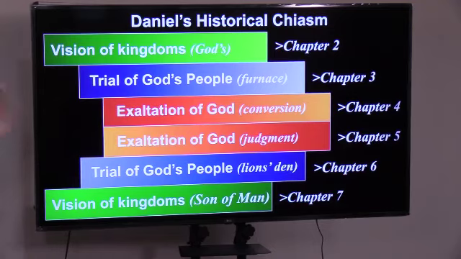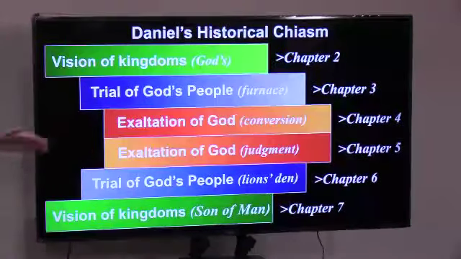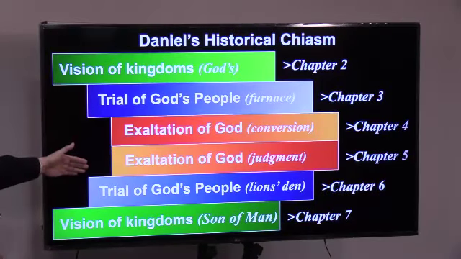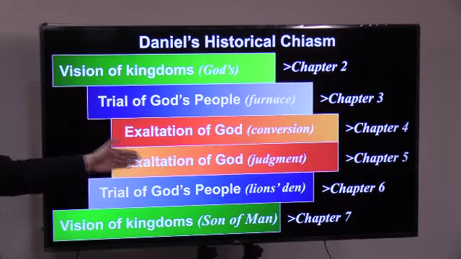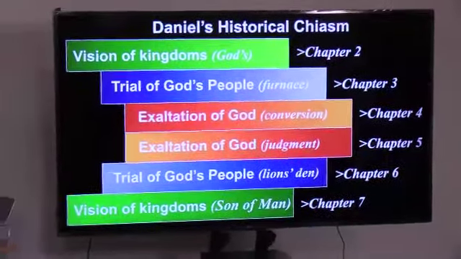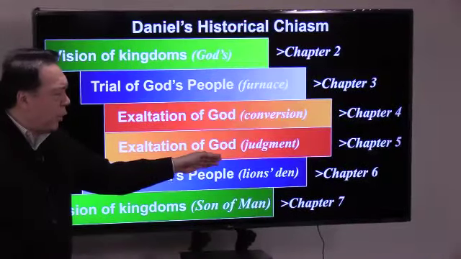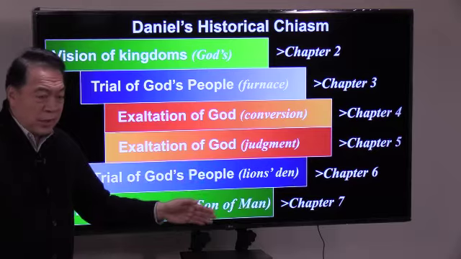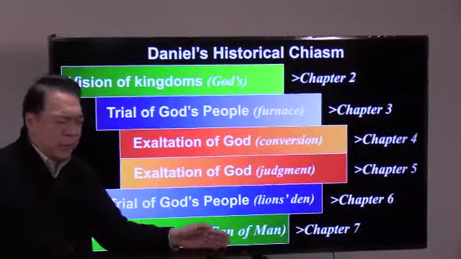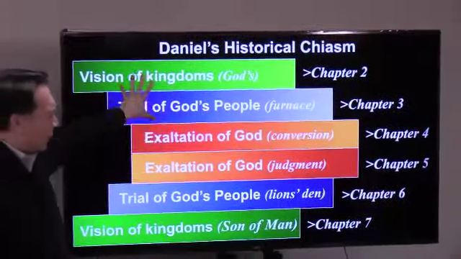And on the opposite side of the spectrum, Belshazzar rebelled against God. And because he was very obstinate, he was judged. But the judgment also resulted in the exaltation of God. So that's the chiasm. So you wonder why Daniel put chapter 5 before chapters 6, 7, and 8, where he had the vision, because he was following the chiasm.